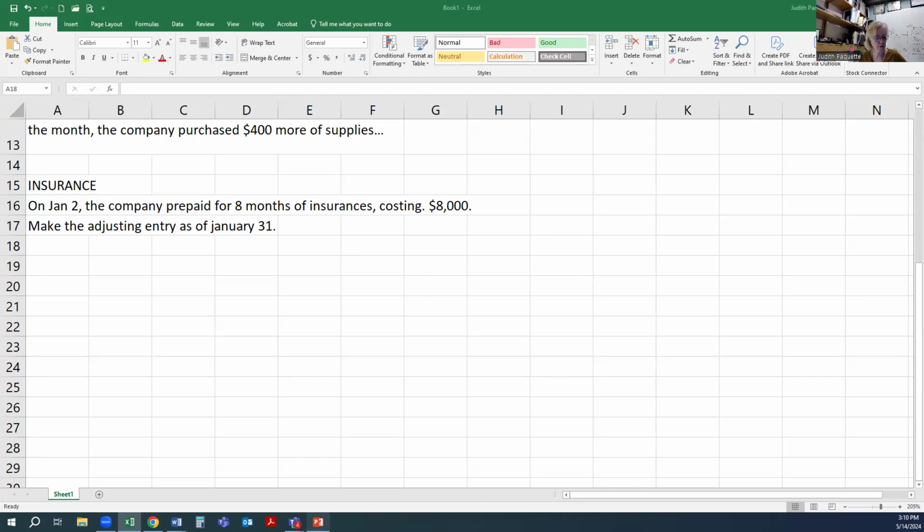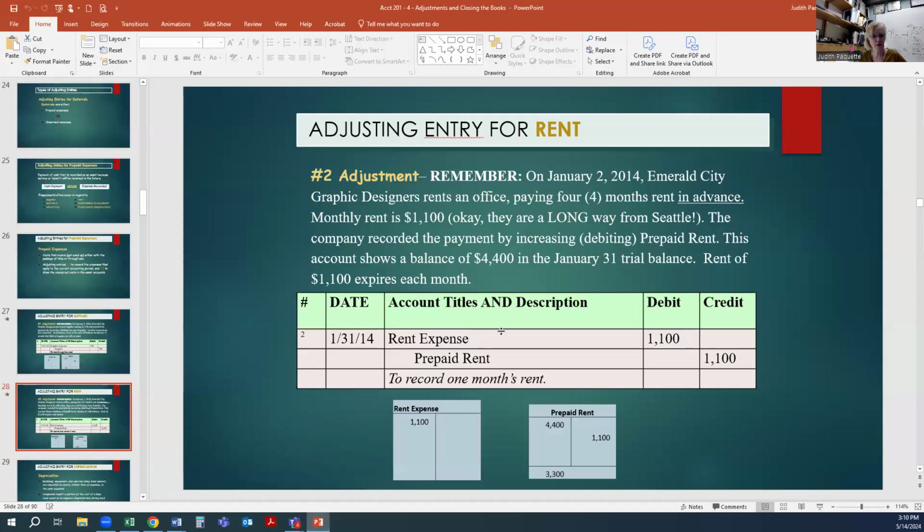So let's go back and look at the adjusting journal entry for rent. What are we trying to do? We're trying to show how much rent we've used up. So we debit rent expense and we credit the asset. Because while it was in prepaid rent for 4 months, at the end of January, we've used one of those months up.